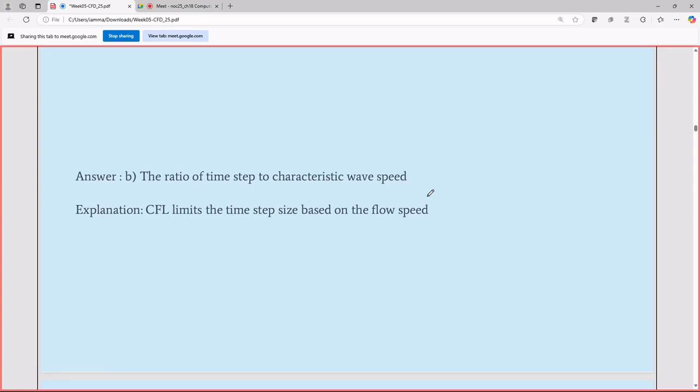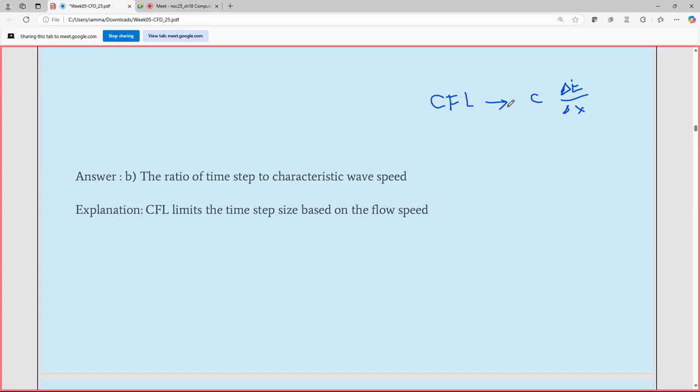So CFL number is given by c delta t by delta x. So this is the CFL number.